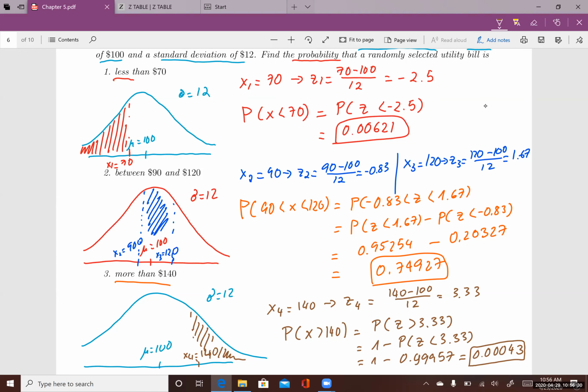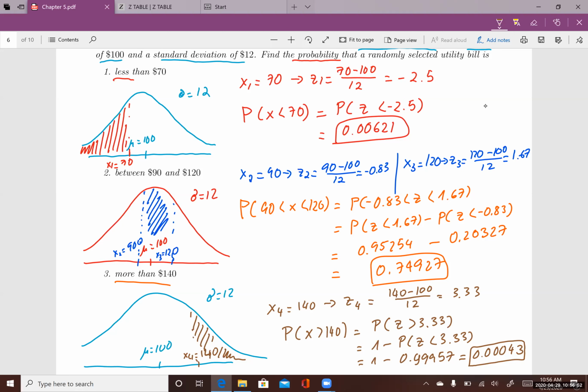Okay. Again, the probability or the percentage of households whose utility bill is more than 140 is very, very, very small. It's 0.043%.